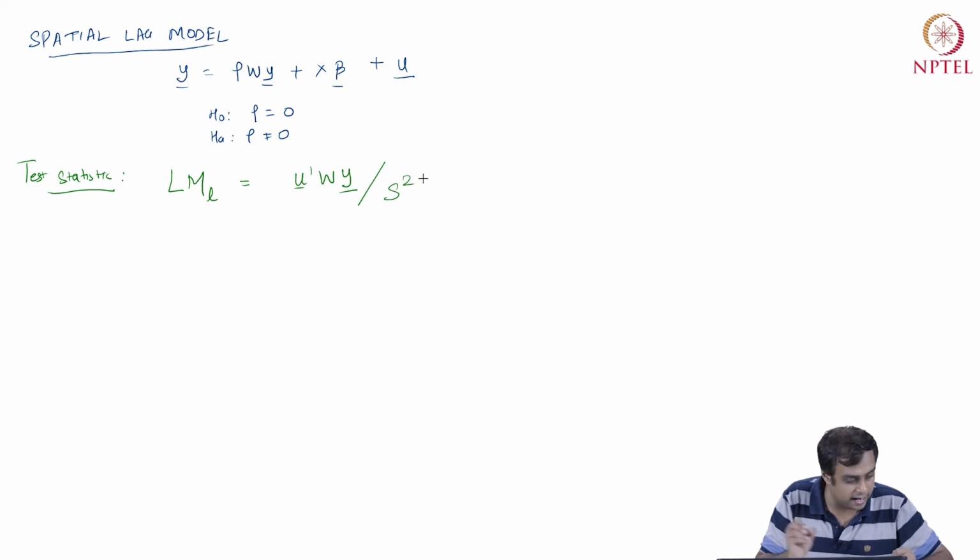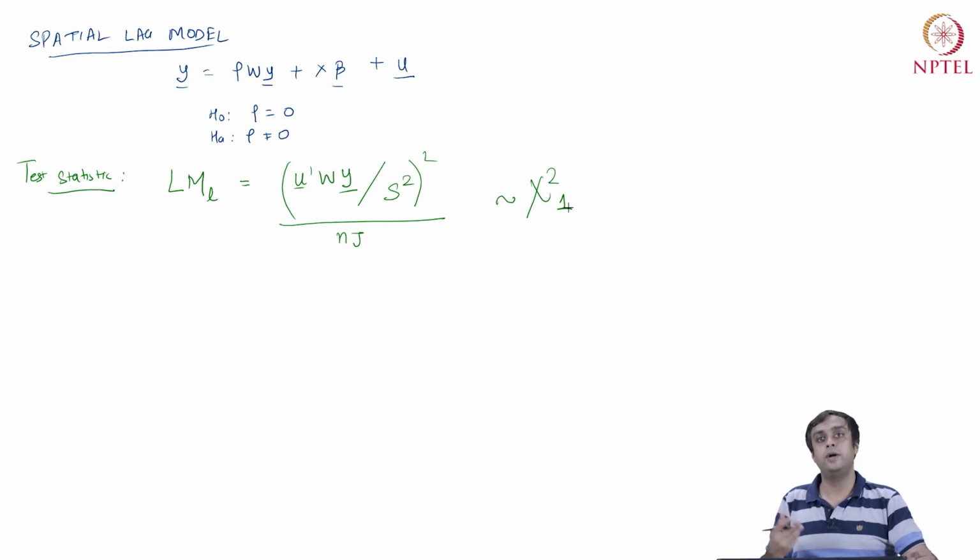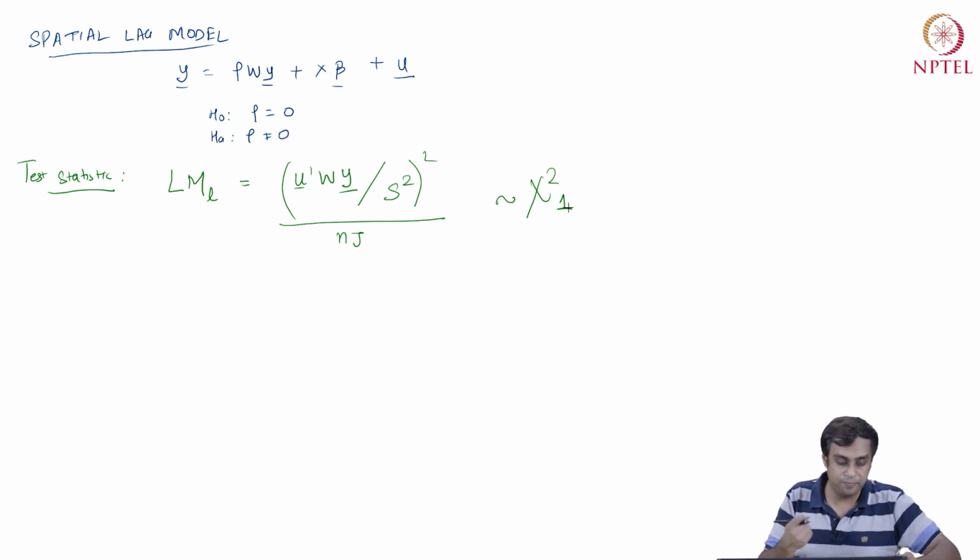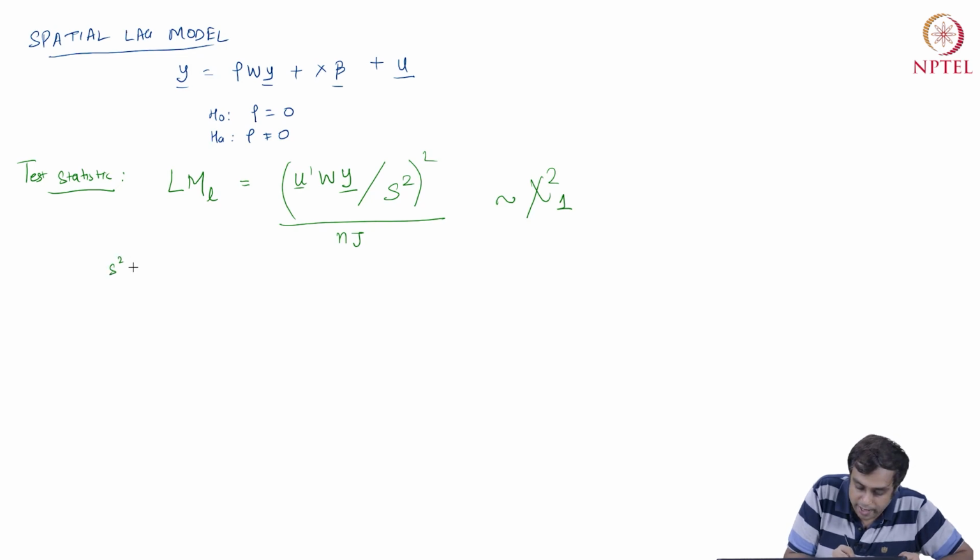This divided by again S squared, whole square, divided by a normalizing constant Nj. This is again going to be chi squared 1, that is chi squared distributed with 1 degree of freedom, right? And S squared, just like earlier, is just U prime U over N, right?